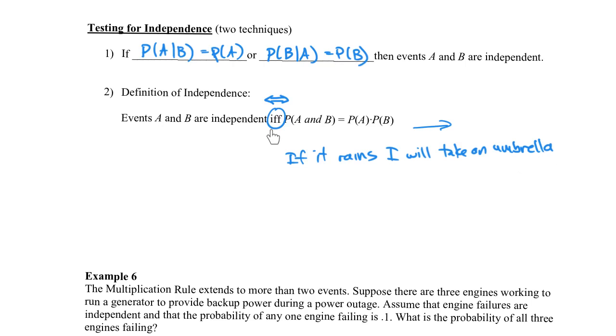So when you see this, it means that you can switch these around. If the probability of A and B equals the probability of A times the probability of B, then events A and B are independent. So for this test of independence, we could check three things, either this or this or this. If any one of them is true, then these events are independent.